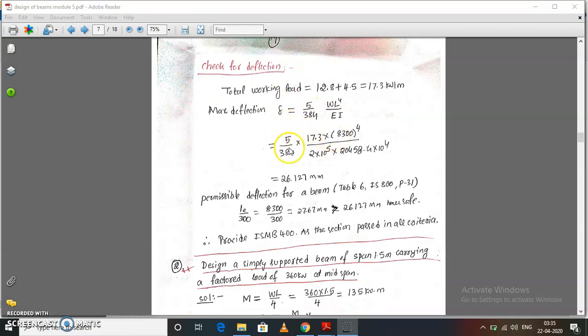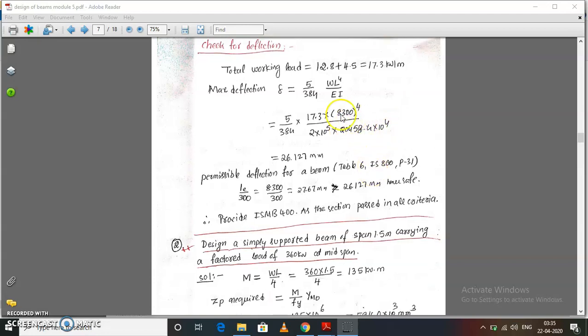So 5 divided by 384 into W is 17.3 into L, 8300 whole to the power of 4, divided by Young's modulus 2 into 10 power 5 for steel into moment of inertia, we have already noted down the value, 20458.4 into 10 power 4. If you calculate, that value works out to be 26.17 millimeter.